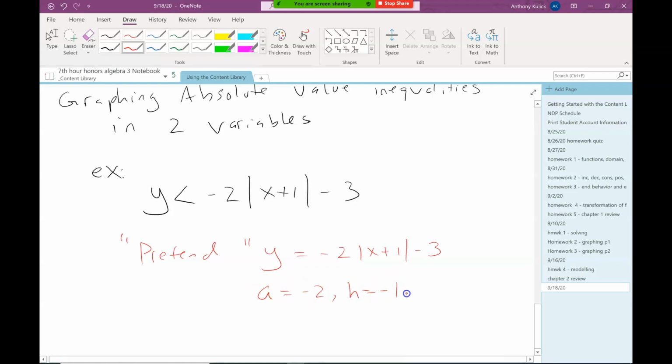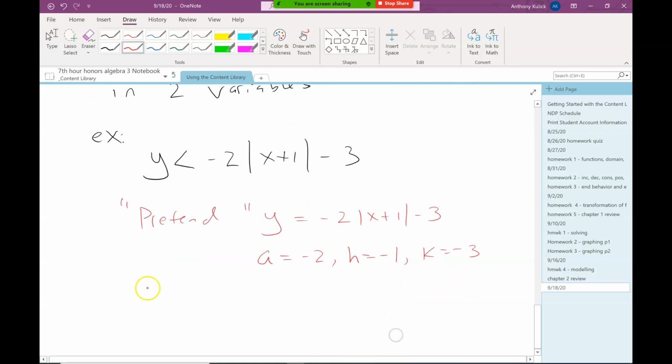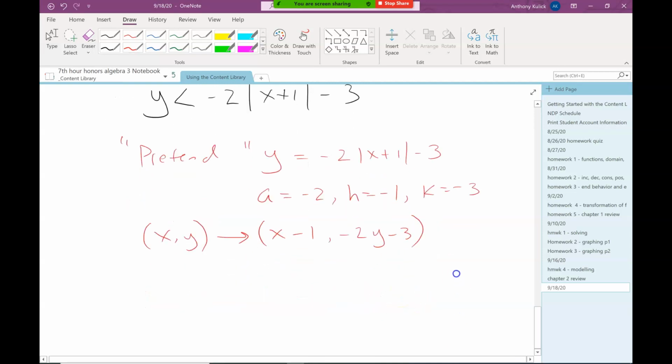We'll identify our values for a, h, and k. And just like before, we'll create our function map, and use that to transform our 3 key points.